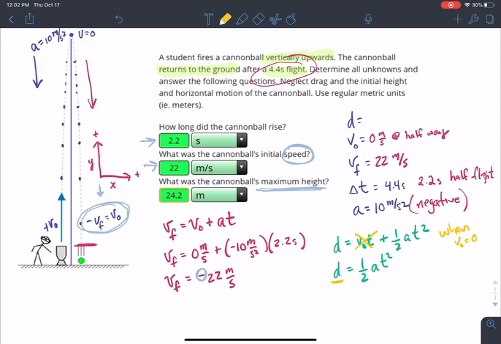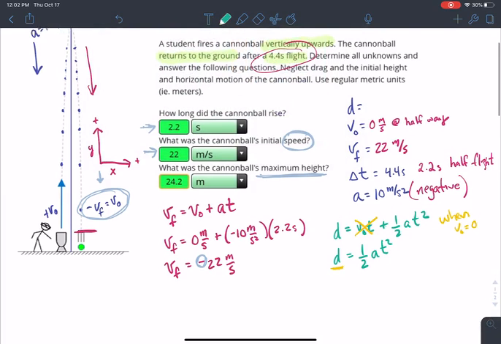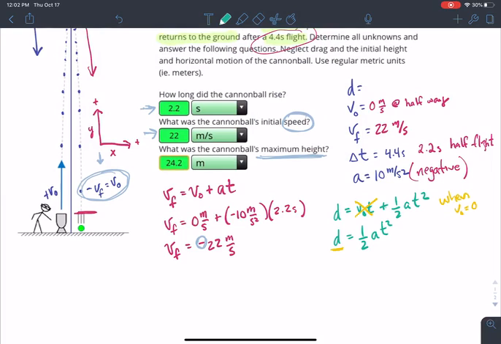So that's good. Let's plug those numbers in. We have that d is equal to 1/2 times negative 10 meters per second squared, with down being negative, times the time interval. This is still from the top of the parabola to the bottom, so I'll do the 2.2 seconds squared.